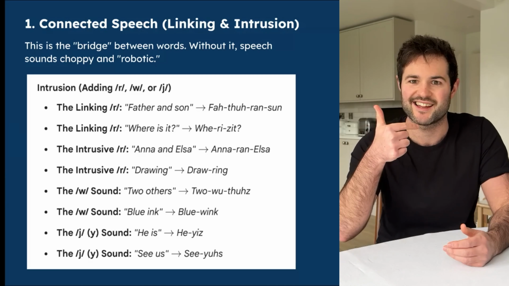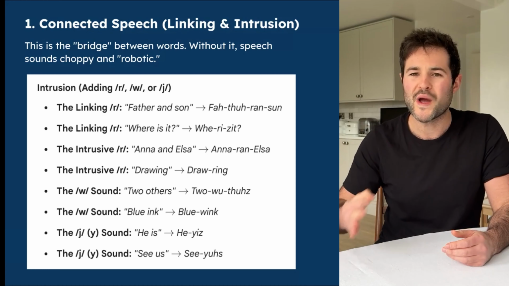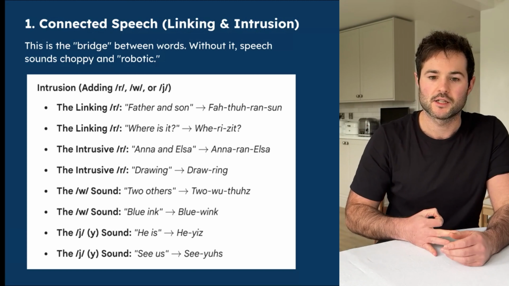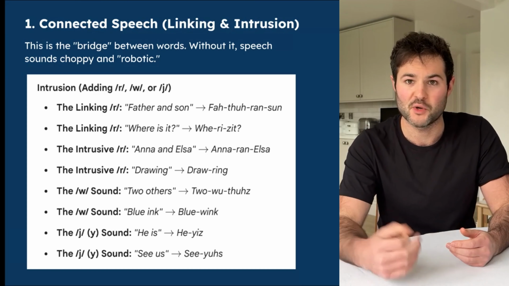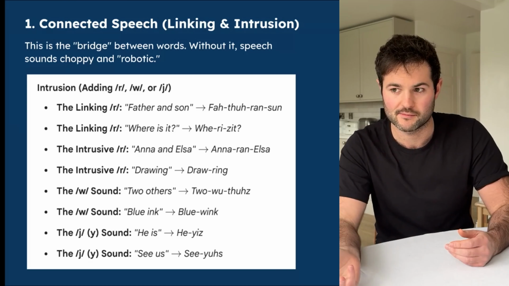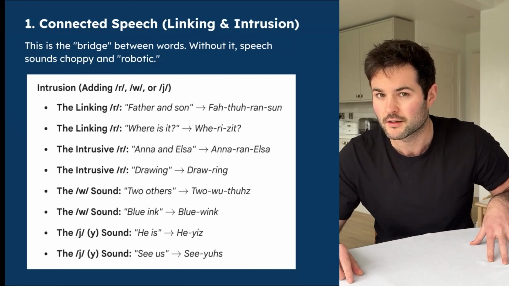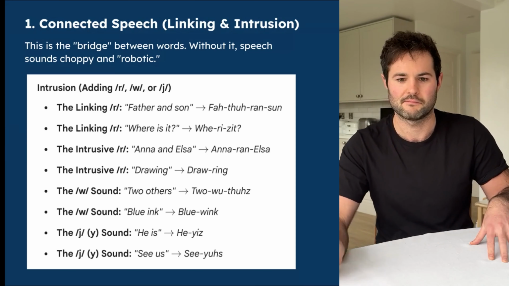So we're adding a W. Another example is blue ink. When we actually say it, we add a W. Blue-wink. So it becomes almost like blue, the color, and wink.